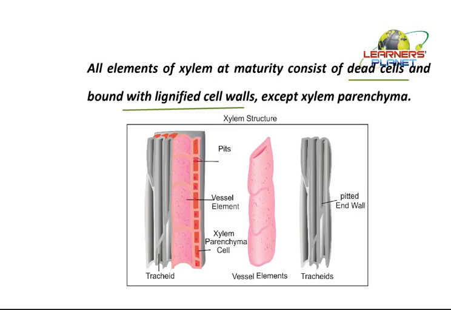Such a cell wall which has lignin deposited is known as a lignified cell wall. Now, the xylem tissue is comprised of dead cells. Which ones? They are tracheids, vessel elements and the fibers. Except parenchyma cells, each cell is dead in nature. So xylem is comprised mostly of dead cells, and xylem parenchyma is of course a living type of cell.